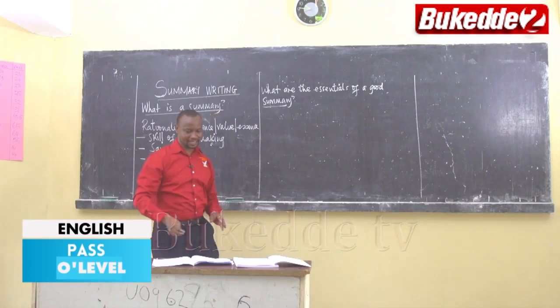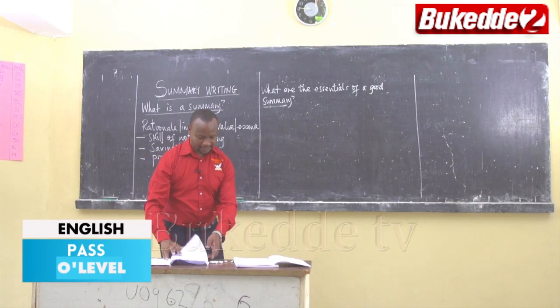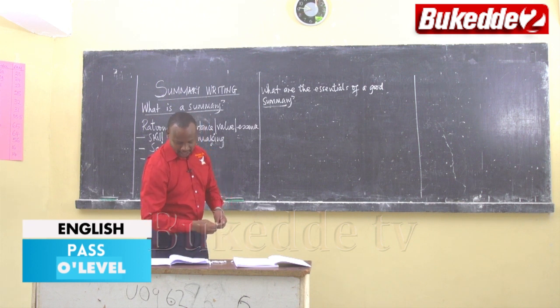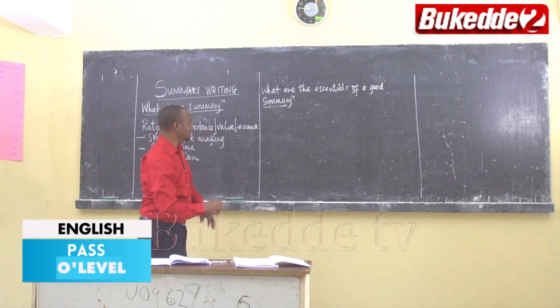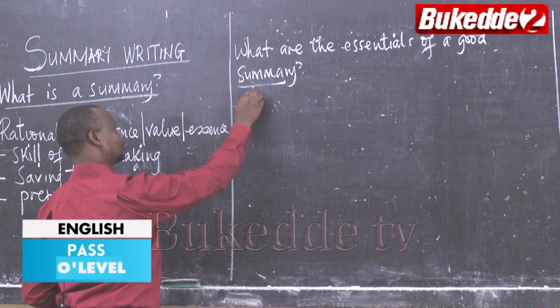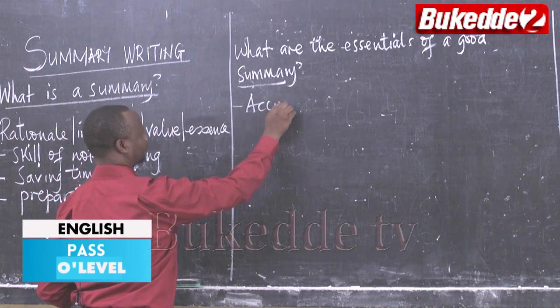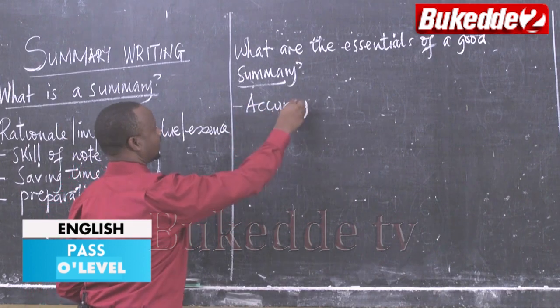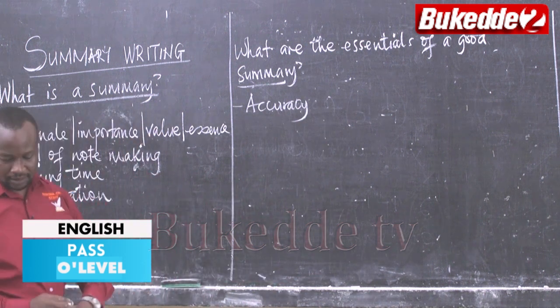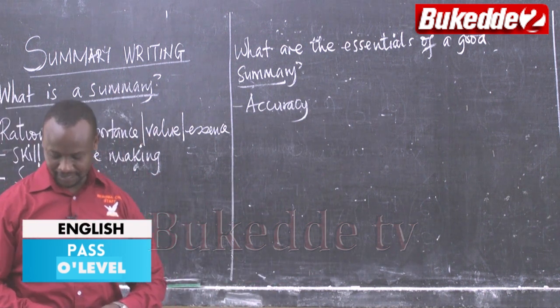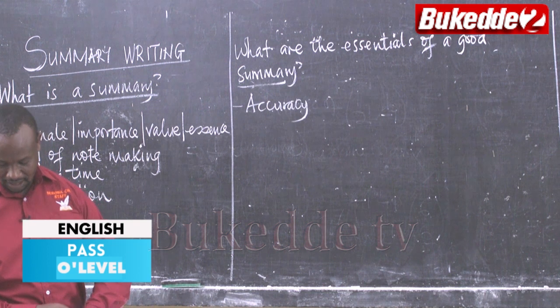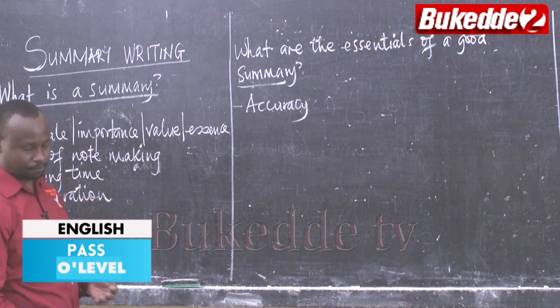And this is what the examiner will always look for. The first essential aspect of summary writing is accuracy. You must be accurate, exact in what the question asks for.